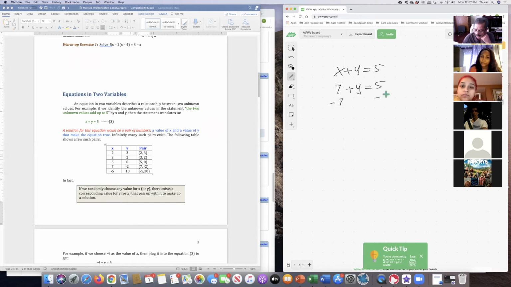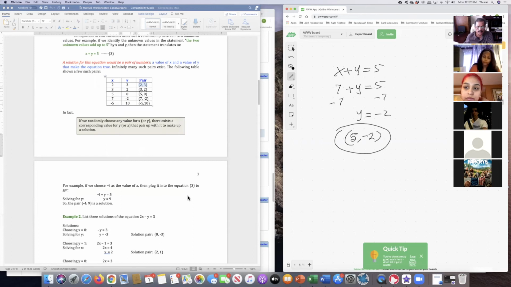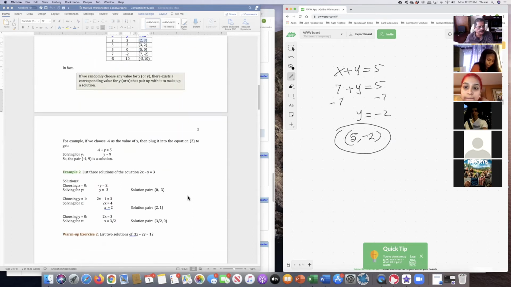Solve for Y by subtracting 7, Y equal to -2. That means 7 comma -2. This pair is a solution. So you can find a solution, a pair, by choosing any value for X or Y, and then by solving for the other one. If you get one equation in 2 variables, then there'll be infinite solutions.